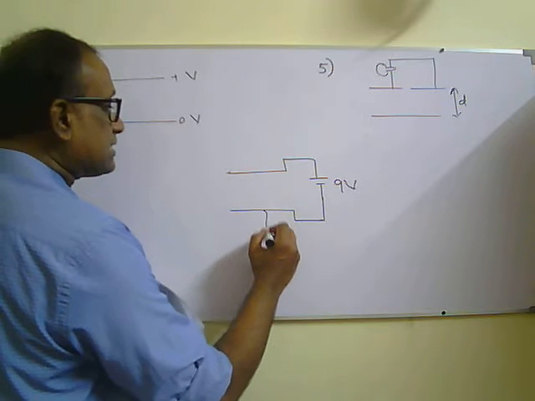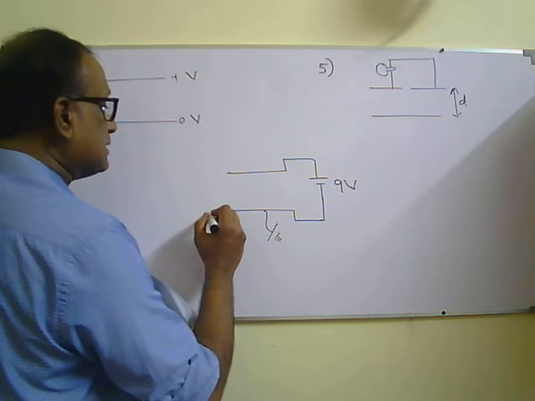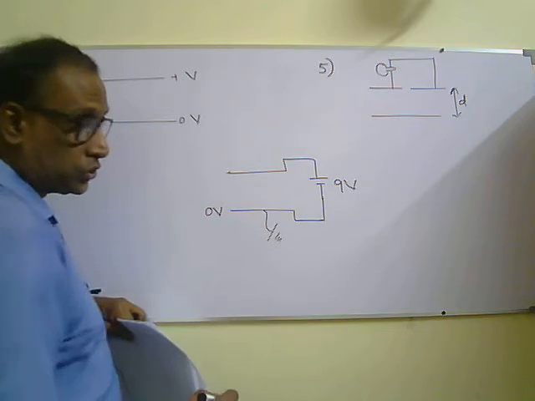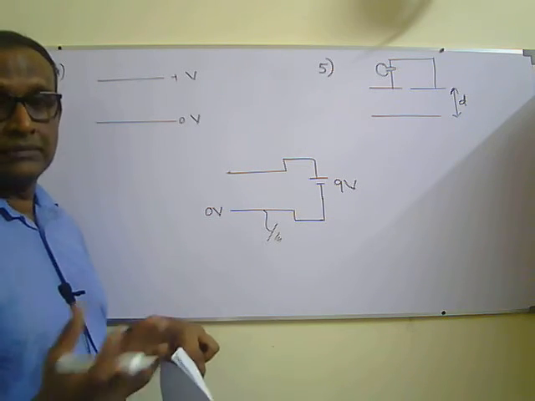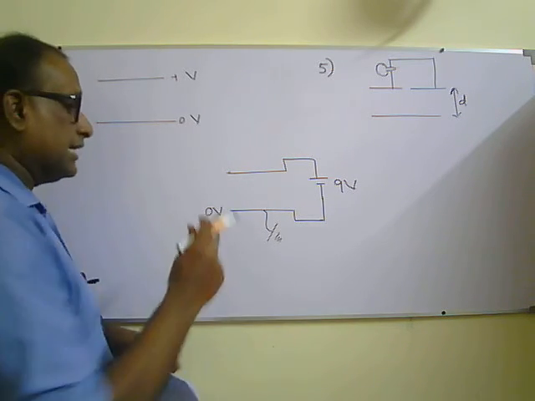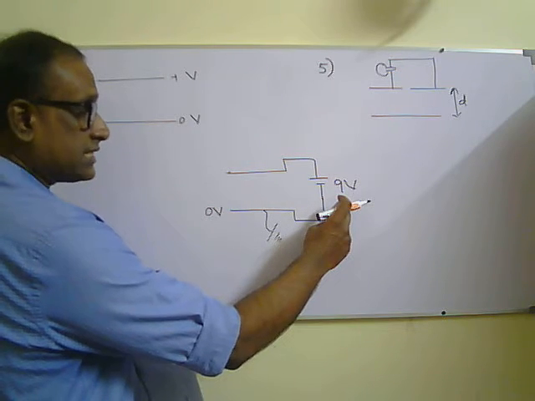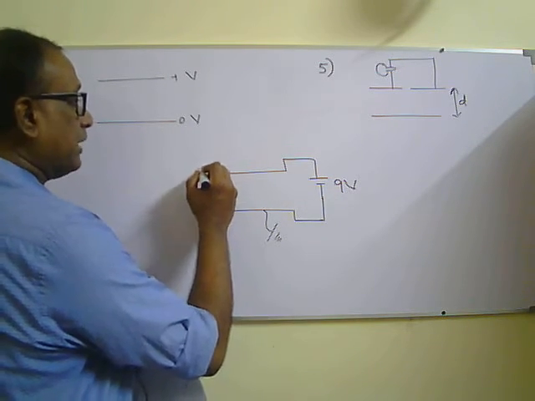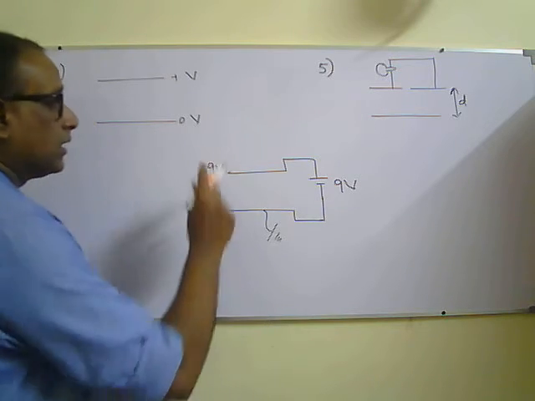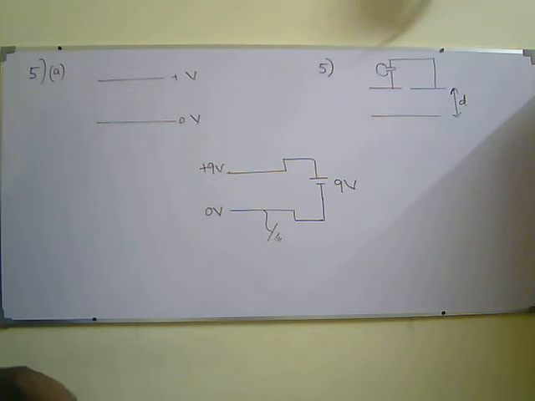If I connect this to earth, that means this voltage will become 0. Whenever a metal plate is connected to earth, its potential will become 0, but the potential difference is 9 volts. So the upper plate will be plus 9 volt.